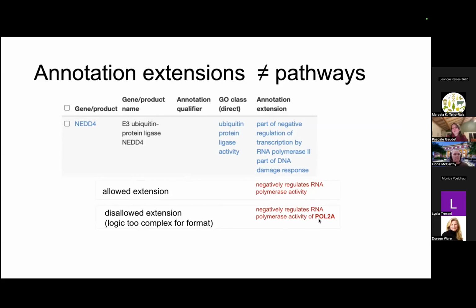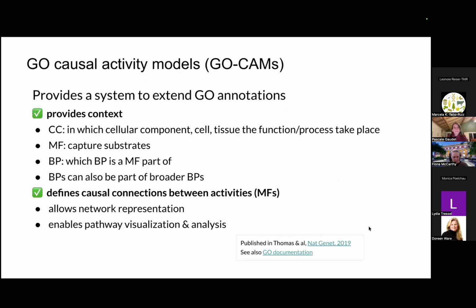So you're not allowed to name that this is the activity of a certain gene, and that's in part also because of the nesting of the extensions and so on. But the data model is kind of too simple to allow this precise assignment of a gene regulating an activity. So it helps provide some context, but it doesn't fully do the job.